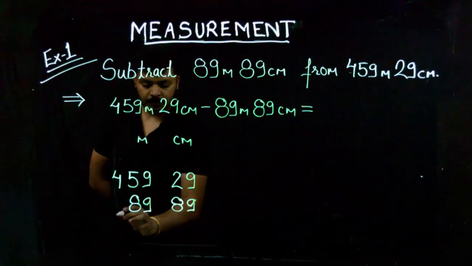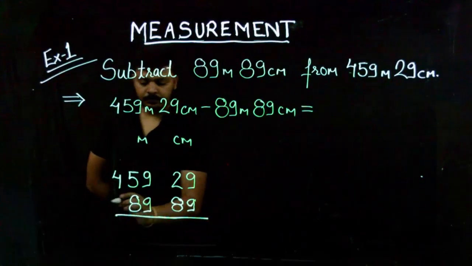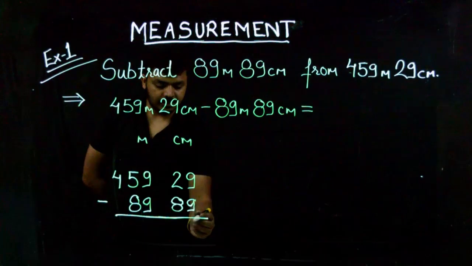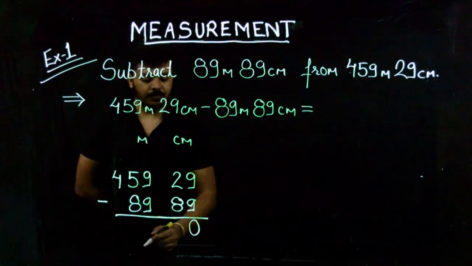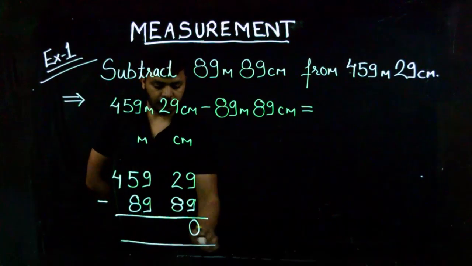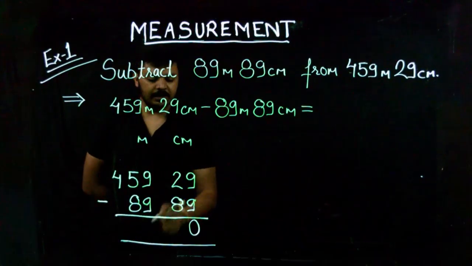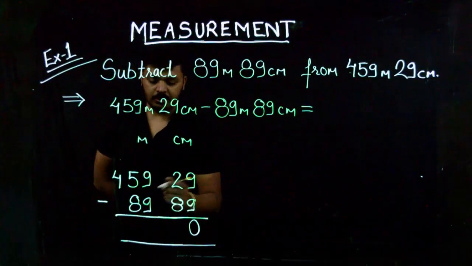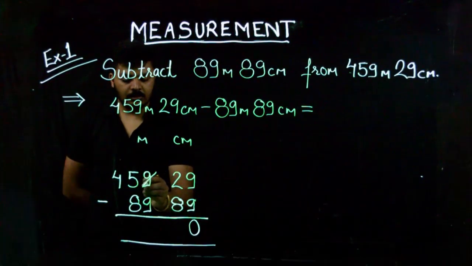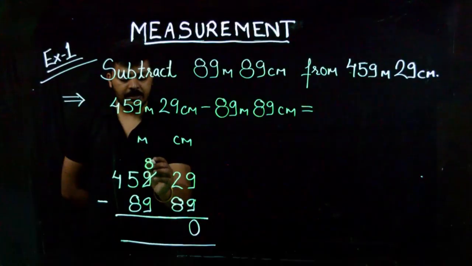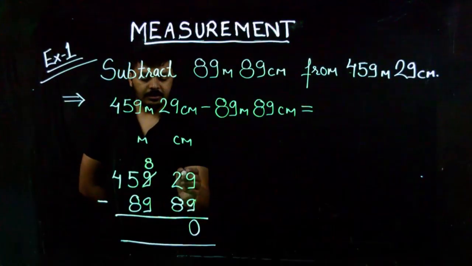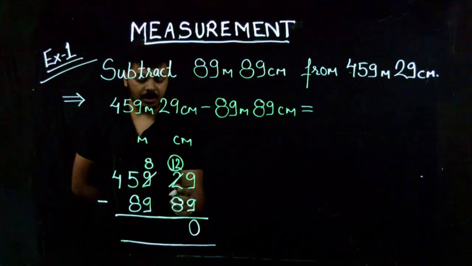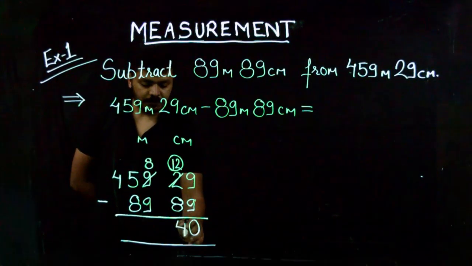We have to perform subtraction. So let's start. 9 minus 9 is 0. 2 minus 8, since 8 is greater than 2, we cannot subtract 8 from 2. So now regrouping, here it is left 8, and here it becomes 12. So 12 minus 8 is 4.